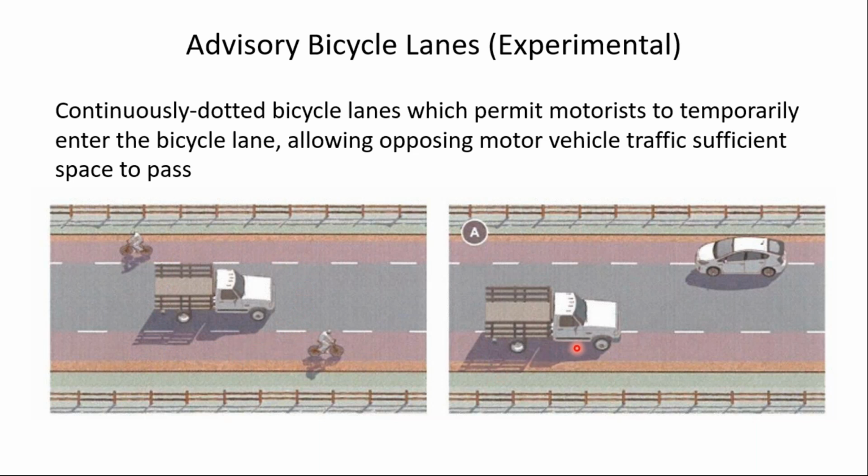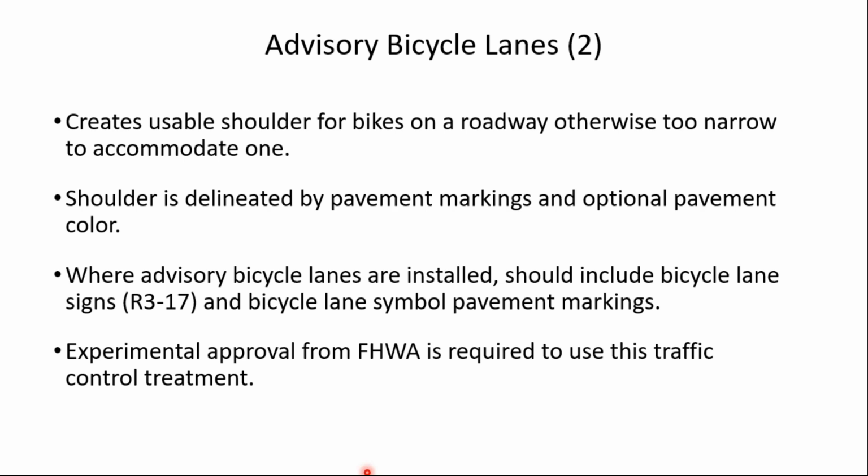But then notice when an oncoming vehicle approaches, the vehicles are allowed to use part of the shoulder to pass each other. And of course, they would need to yield for the bicyclist using the shoulder. And you'll notice here the shoulder is colored differently from the traveled way. That's, I think, beneficial, but I don't believe that's required with the advisory bicycle lanes.